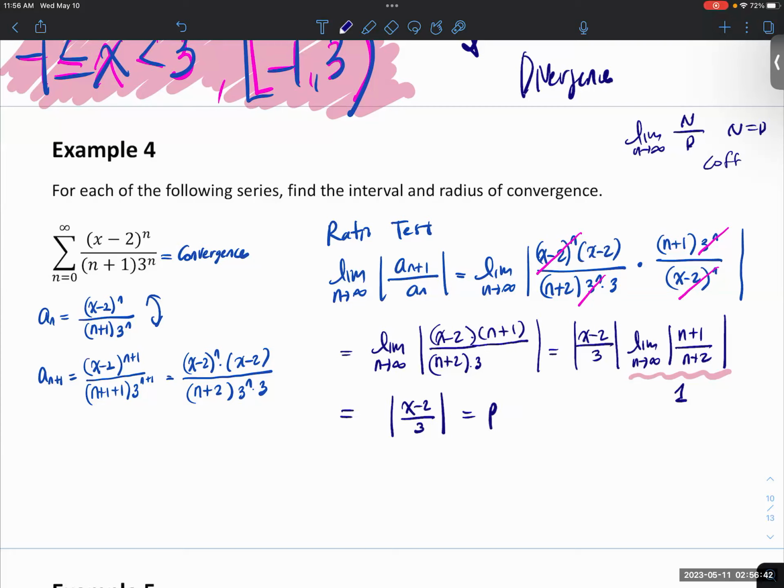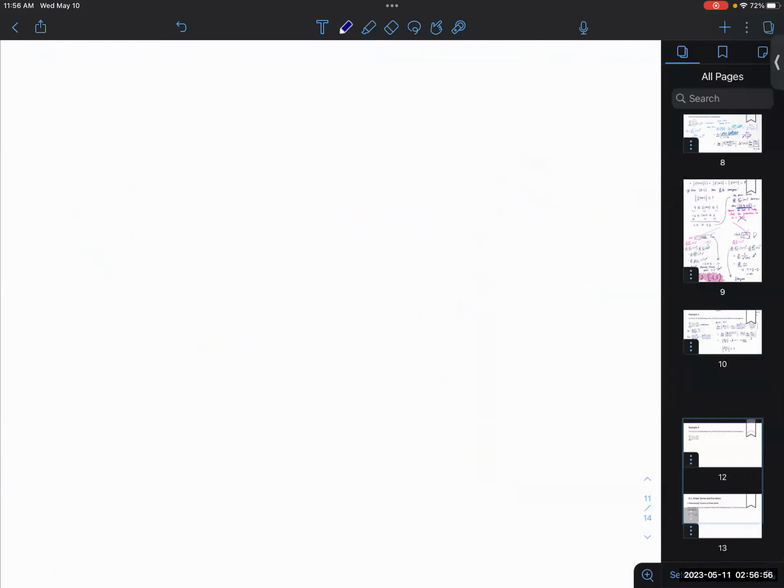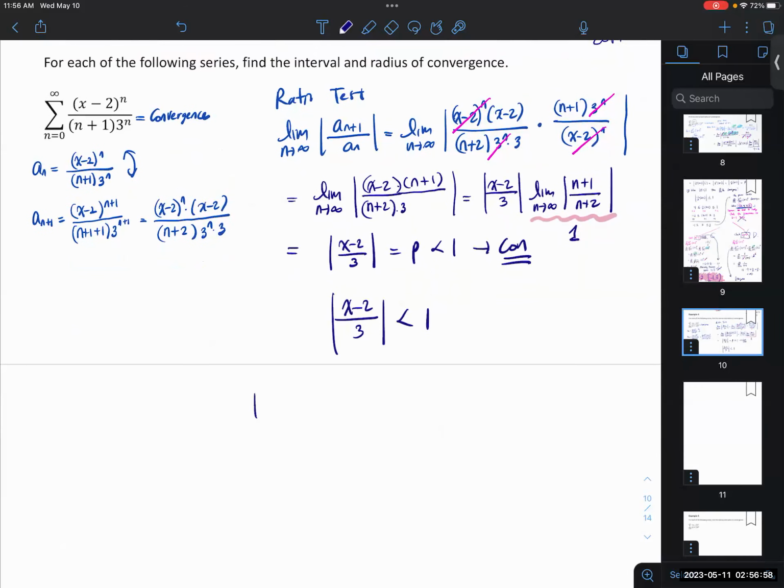So we know when this p is less than 1, it is convergence. So we're going to set it up less than 1. You guys know the rest of the story. (x minus 2) over 3 is between -1 and 1, correct?